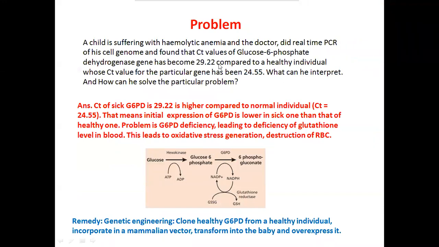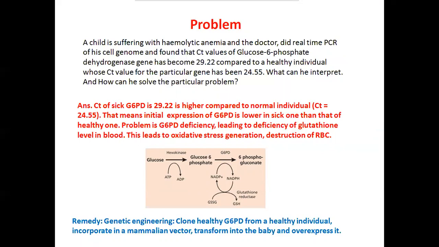The problem is a child is suffering from hemolytic anemia, and the doctor did real-time PCR to find out the cause, why he's suffering from hemolytic anemia. He did the real-time PCR for several genes and found the CT value of one gene, glucose 6-phosphate dehydrogenase. Everybody has already studied this gene.